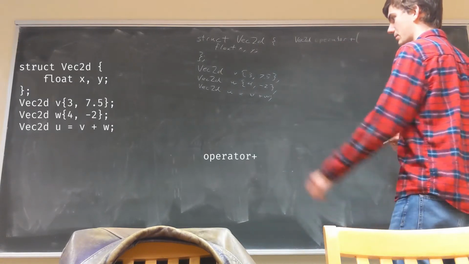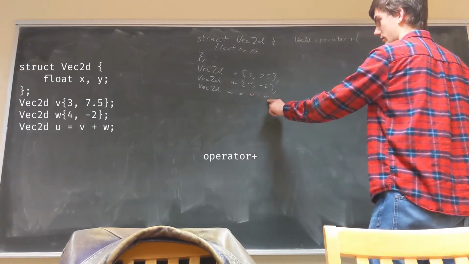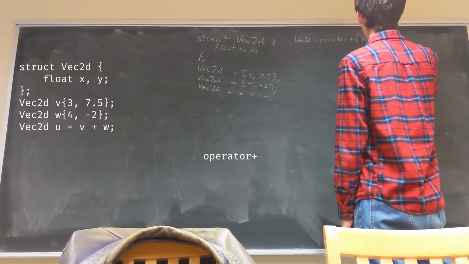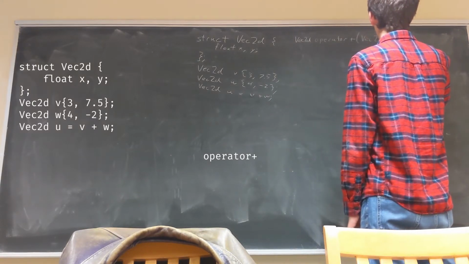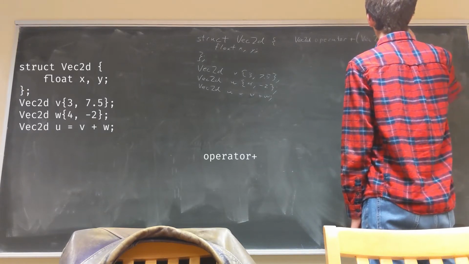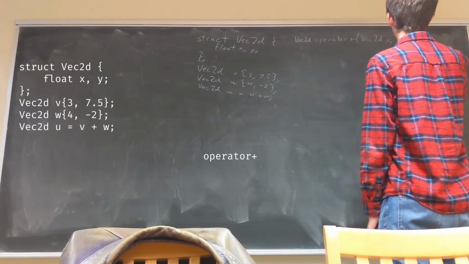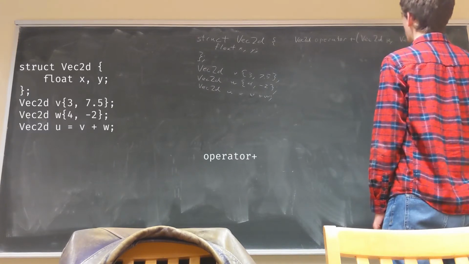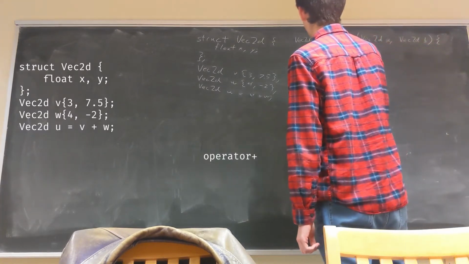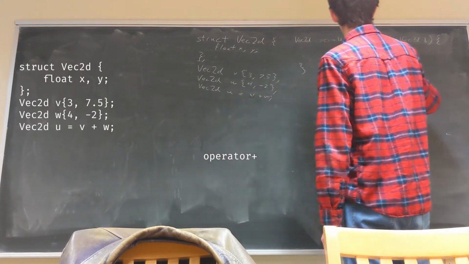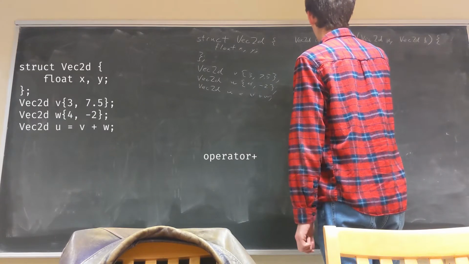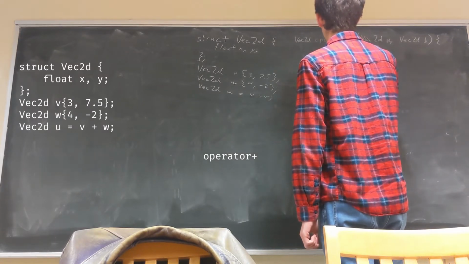It'll have two parameters because it takes a vec2d and a vec2d as the two operands. Let's say vec2d a and vec2d b. And I will define it as return.